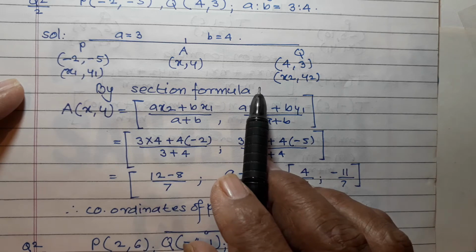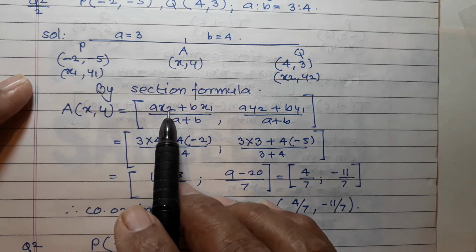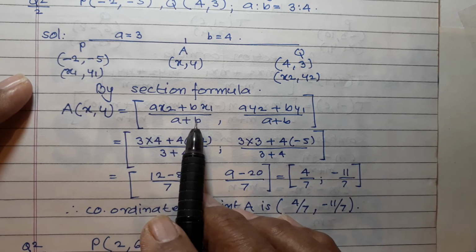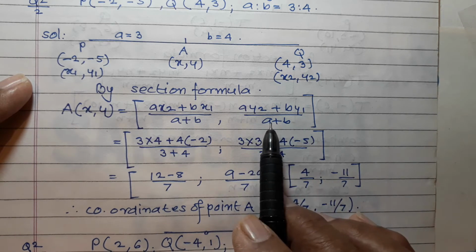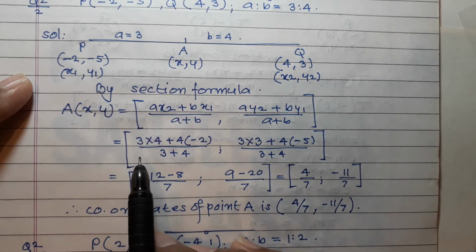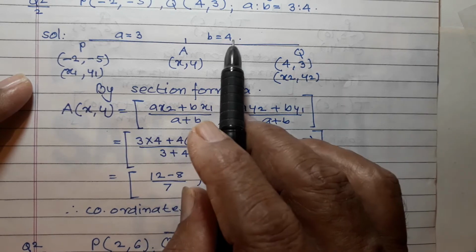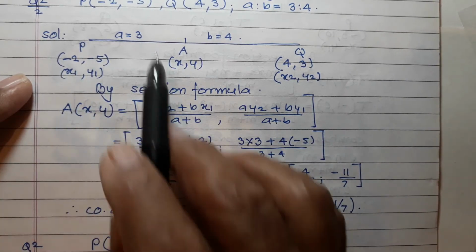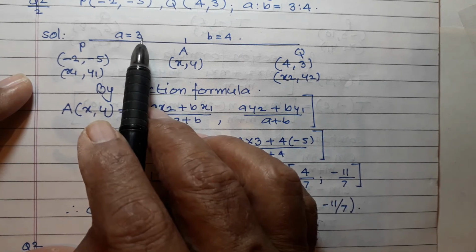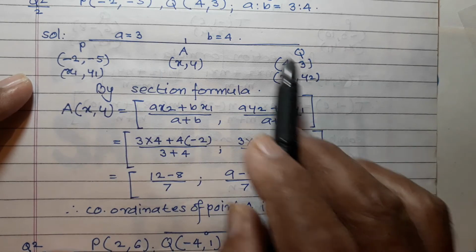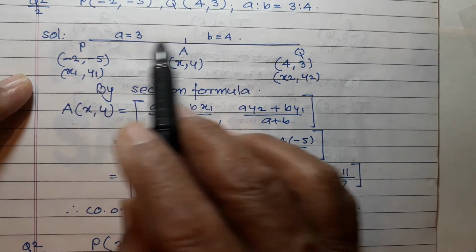By the section formula, A(x, y) = ((a x2 + b x1)/(a + b), (a y2 + b y1)/(a + b)). Substitute values. So 3 into 4 plus 4 into -2 upon 3 plus 4, and the y coordinate 3 into 3 plus 4 into -5 upon a plus b, meaning 3 plus 4.